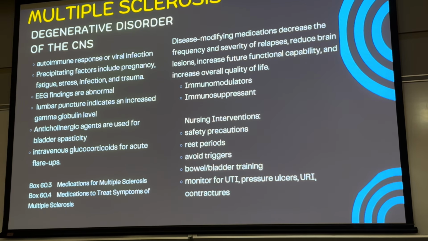Alright, multiple sclerosis. Remember, this is a degenerative disorder of the CNS. So I'm gonna have an increasing amount of symptoms. Assessment-wise, we'll usually have an increased amount of fatigue, spasticity of the lower extremities, and frequent tremoring.